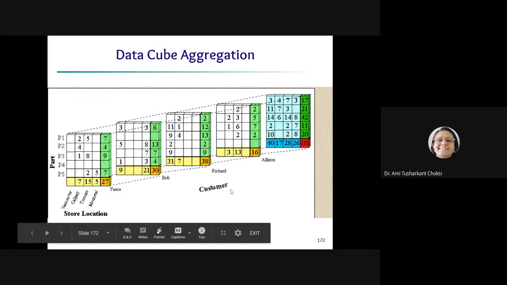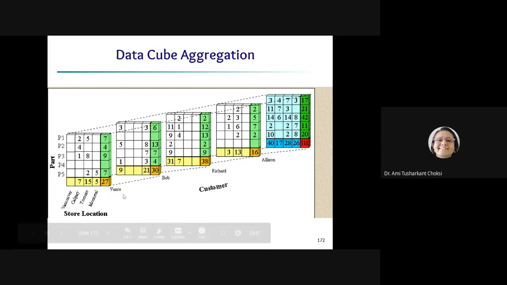The customer names are here. Then we have the store location, say Vancouver, then Toronto, right? So some places are given here. Now, is this a data cube? First of all, we should know that.